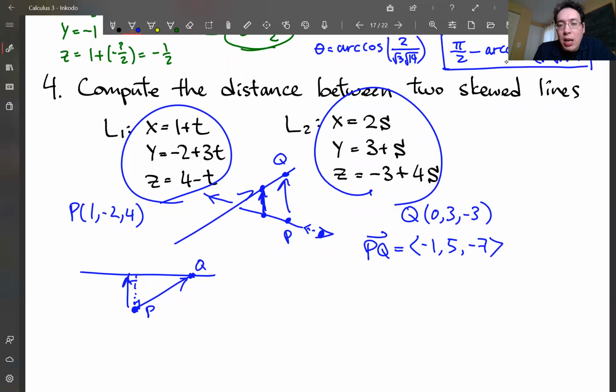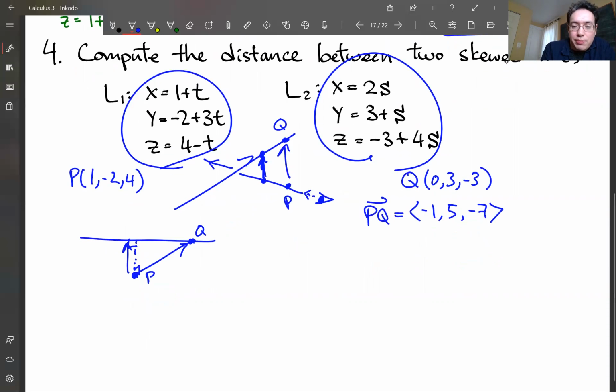Now I need to find the perpendicular direction to both of the lines. And I can get that direction by taking the cross product between the two directional vectors for the lines.